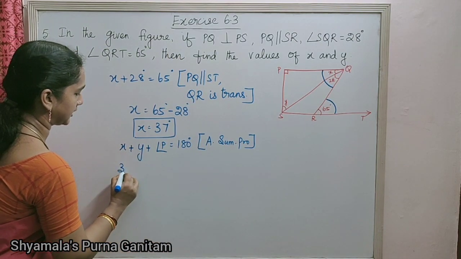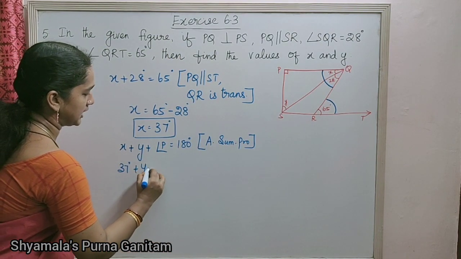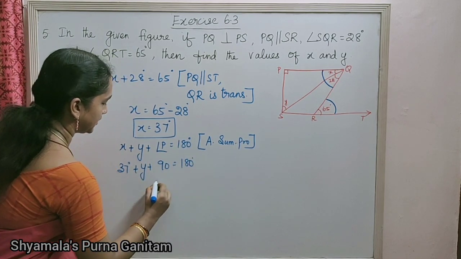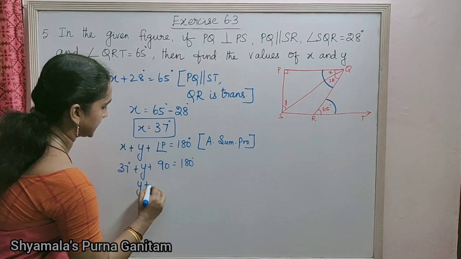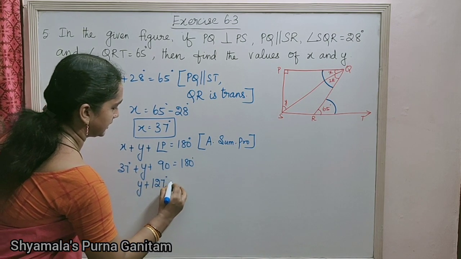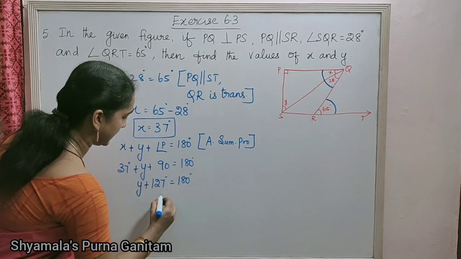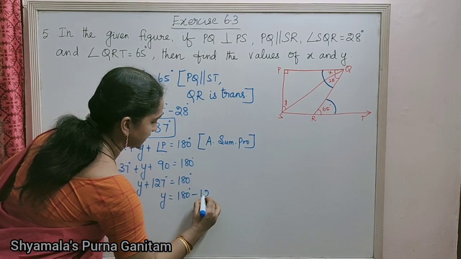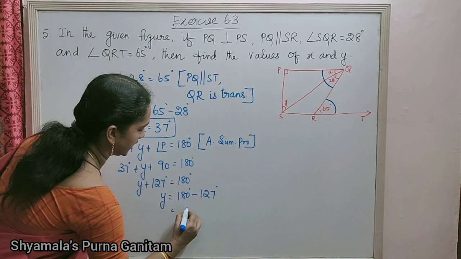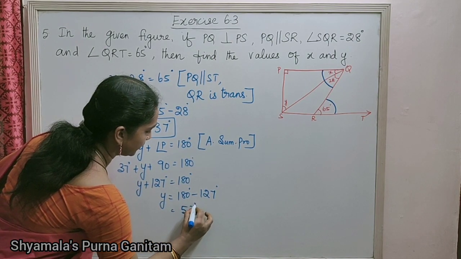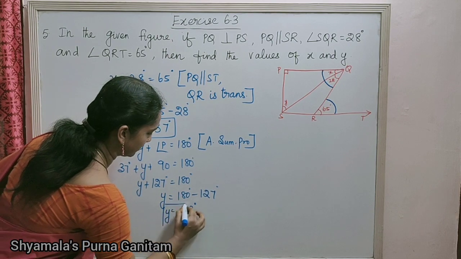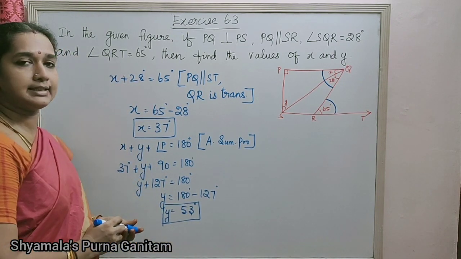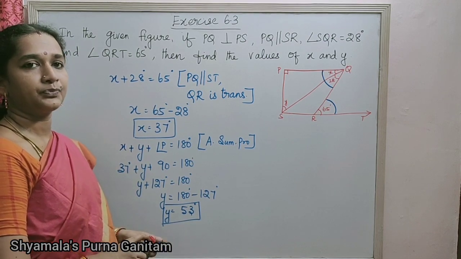X we got as 37 degrees, Y we will find now, and angle P is 90 degrees. So Y plus 127 is equal to 180 degrees, so Y is 180 minus 127, which is 53 degrees. So Y is 53 degrees and X is 37 degrees.